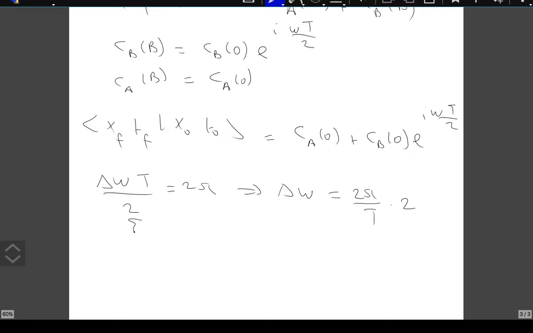If there is that factor 2 and hence your ket acquires the minus sign after a rotation of 2 pi, then this delta omega should be 4 pi over t, not 2 pi over t. And this experiment is basically done. In your book the experimental values are not here, but basically this is the idea of the experiment.